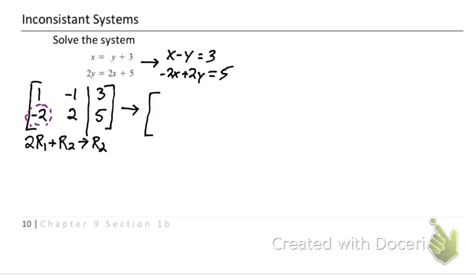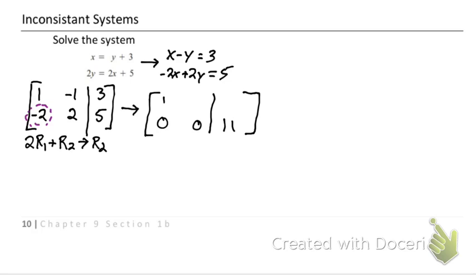All right, 2 times 1 is 2, minus 2 is 0. 2 times a negative 1 is negative 2, plus 2 is 0. And then finally we have 2 times 3 is 6, plus 5 is 11.